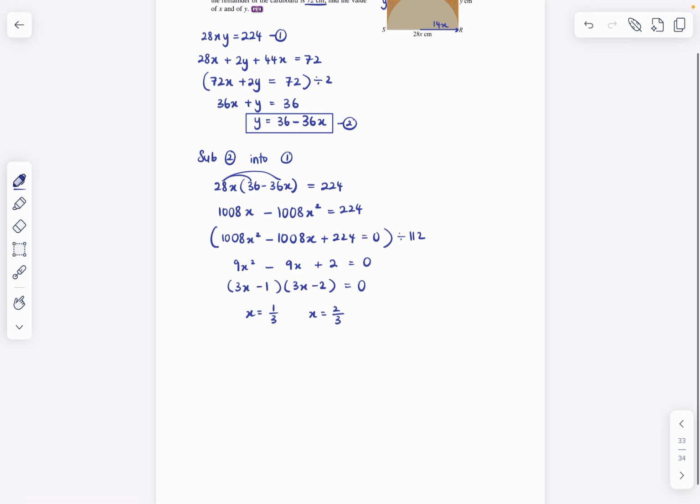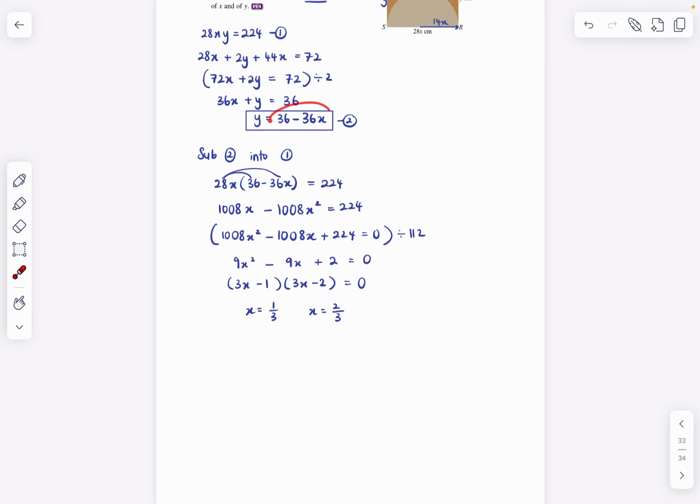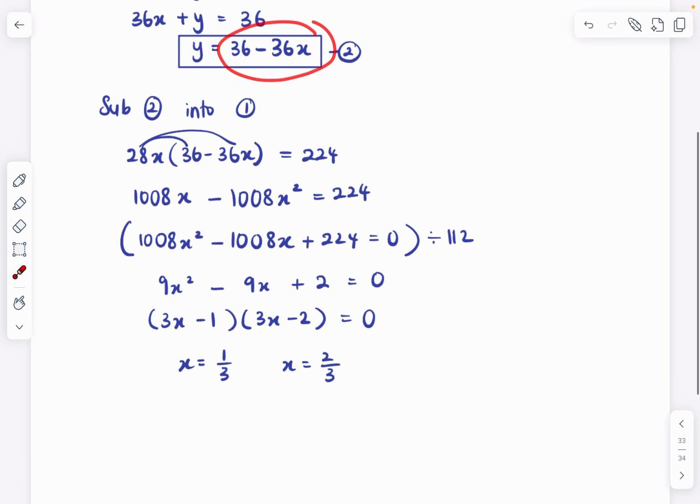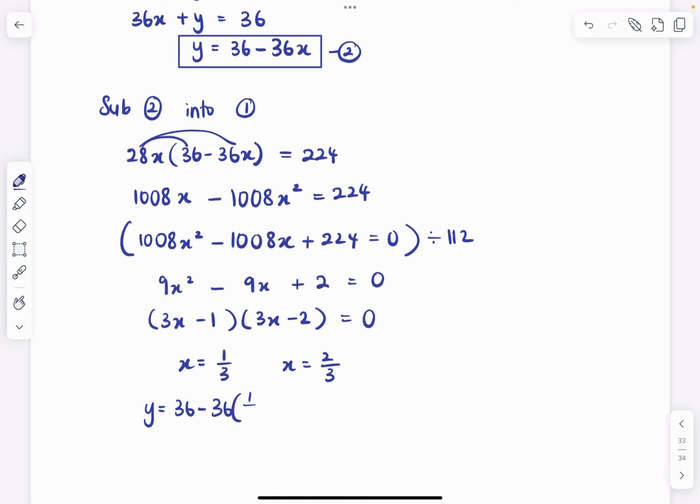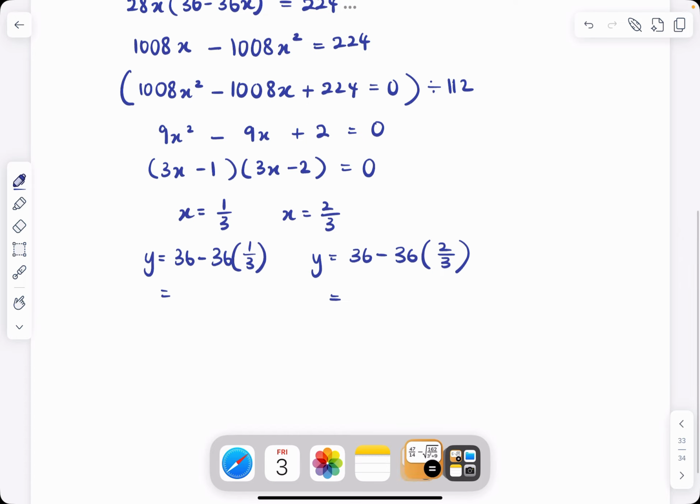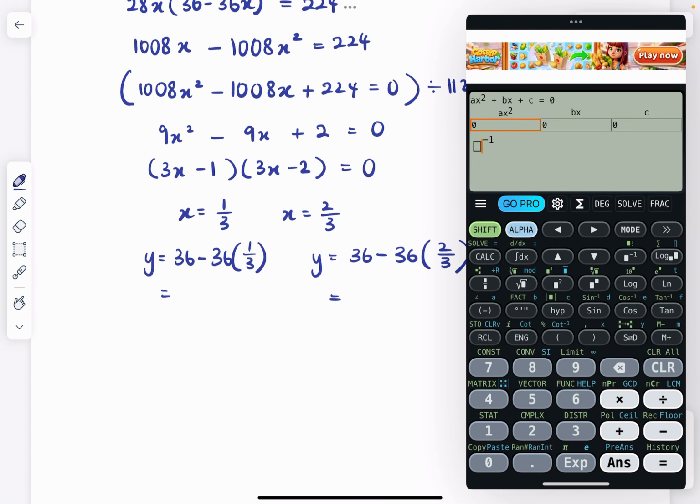Now we need to go ahead and find y. Y is just this. So y equals 36 minus 36 times 1/3. And y is 36 minus 36 times 2/3. For 36 minus 36 times 1/3, we get 24.